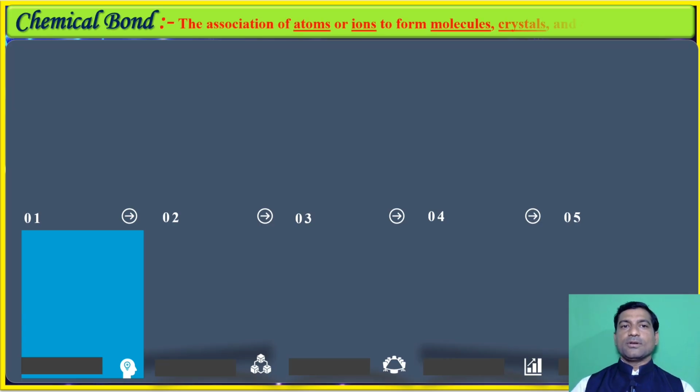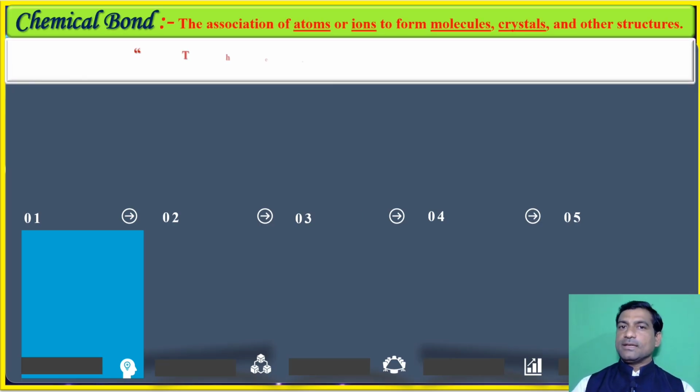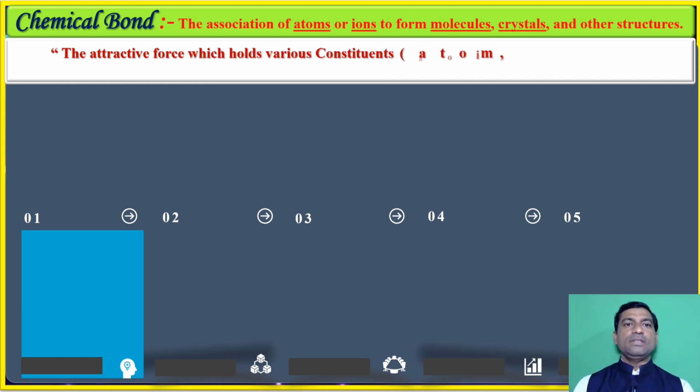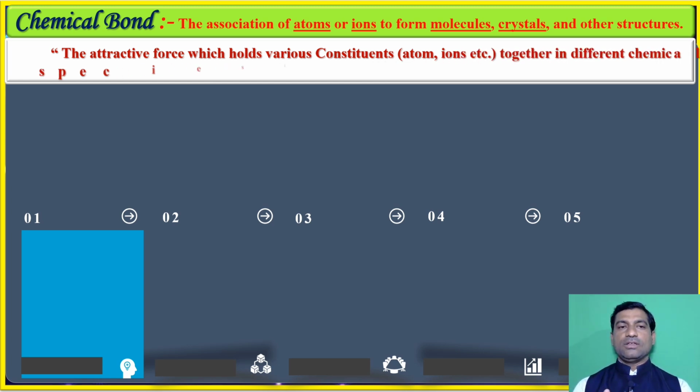A chemical bond is the association of atoms or ions to form a molecule, crystal and other structures. It means the bond can hold the atoms or ions and that forms molecules, crystals and other structures.